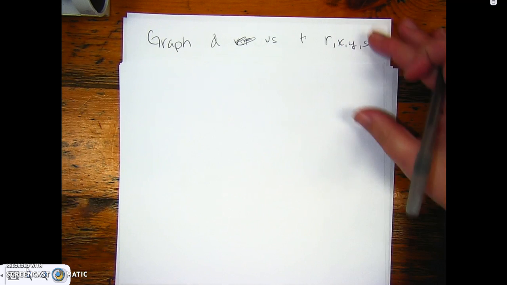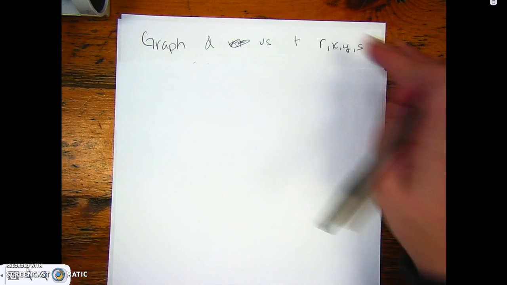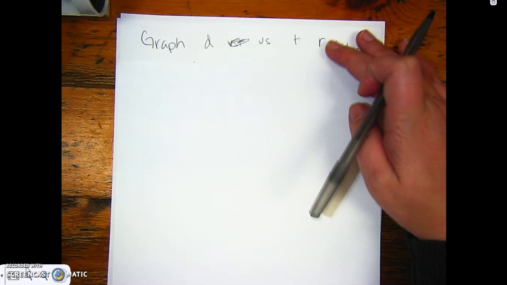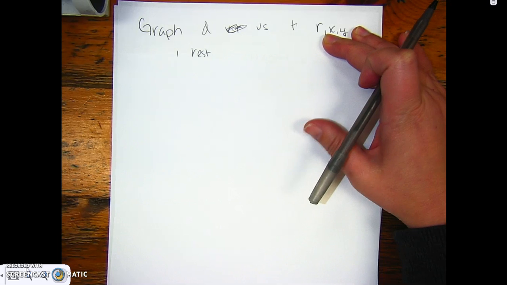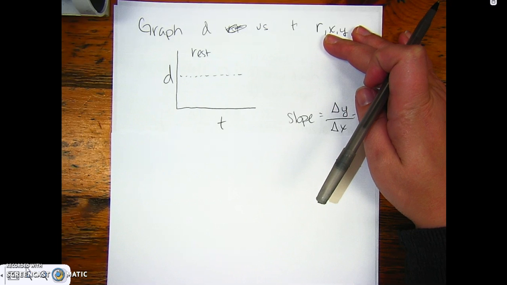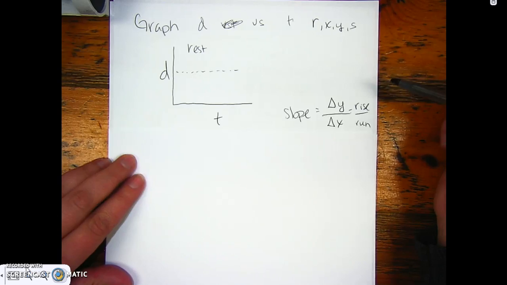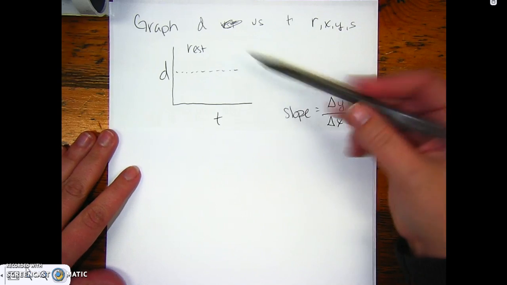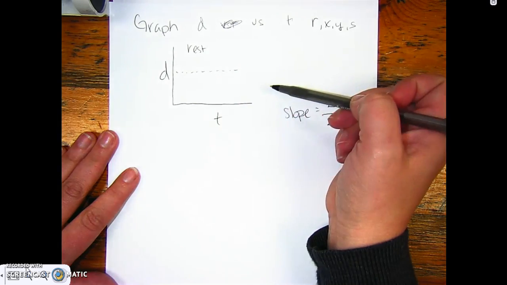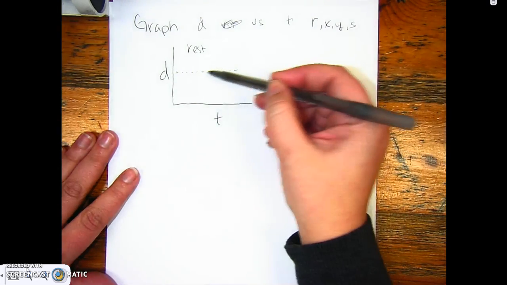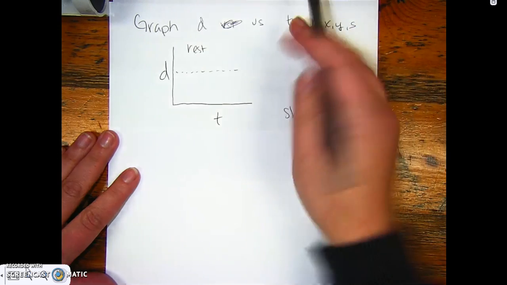All right. So let's say at first someone is just sitting there and they're not moving, they're at rest. If we were going to plot a graph that showed distance versus time, so distance on the y-axis and time on the x-axis, right? For an object at rest, if we were to record where that person was or wherever that object is, it would be in the same position the entire time, right?